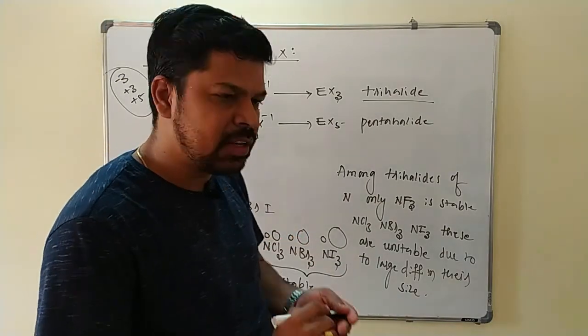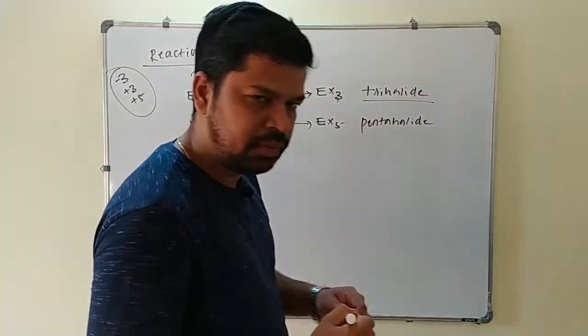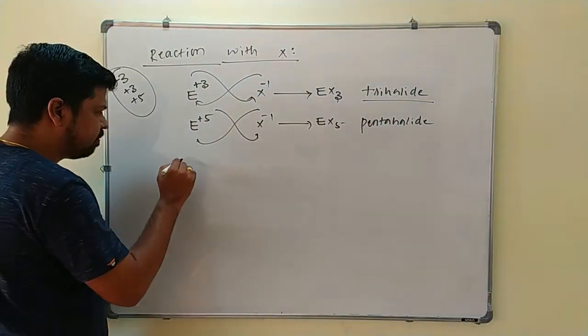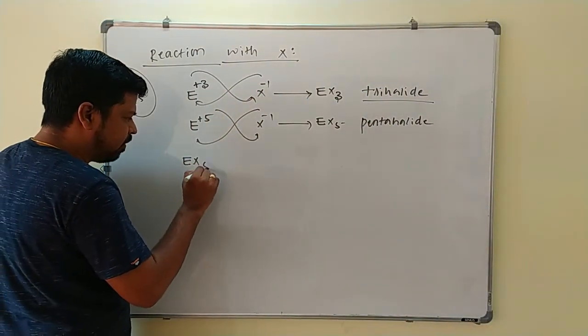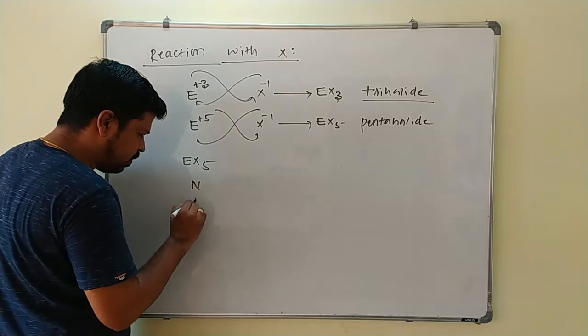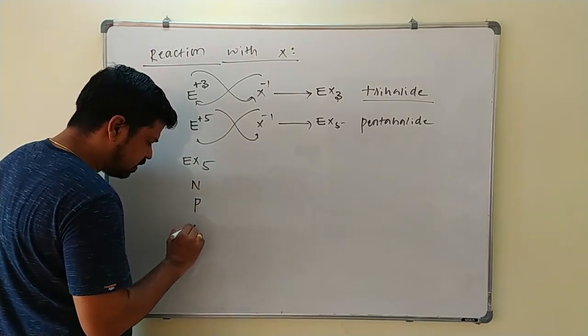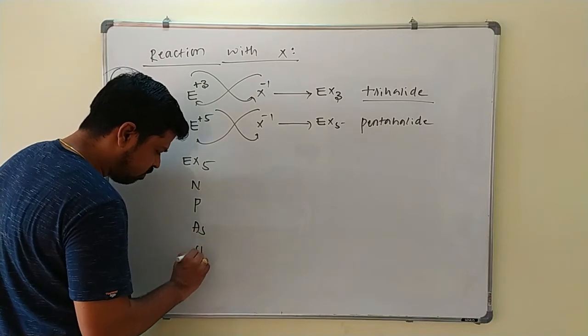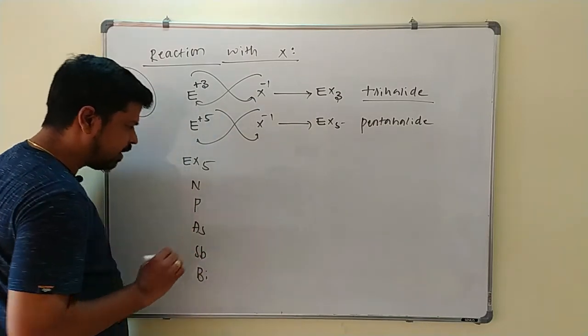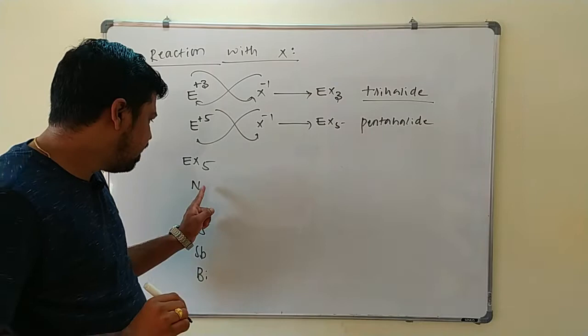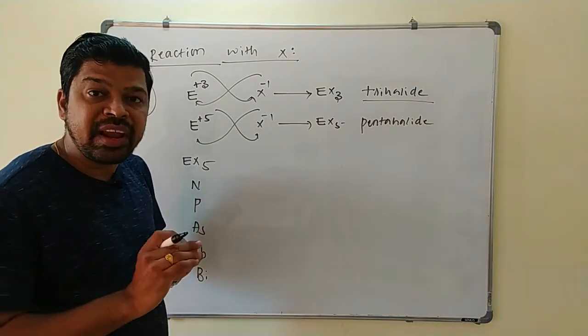Now in the case of pentahalides, that is EX5 type halides, for nitrogen, phosphorus, arsenic, antimony and bismuth. Already we know that nitrogen does not have any vacant d orbital.